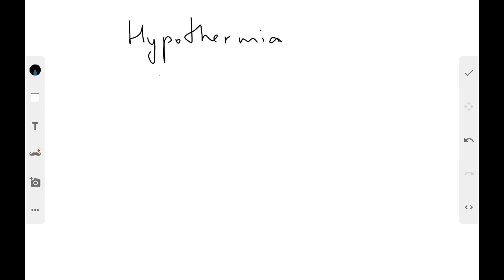Hypothermia may be induced by several procedures. For example, ice may be used to decrease the temperature of the organ. Then pharmaceutical agents, for example, agents that relax muscles. This prevents contractile thermogenesis and decreases the temperature.